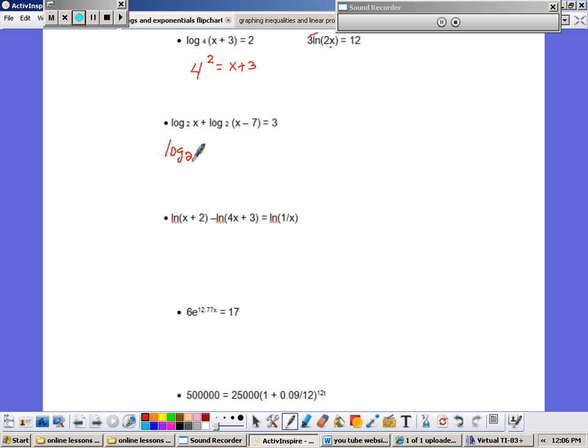The log base 2 of x times x minus 7 equals 3. So 2 to the third equals x squared minus 7x. Natural log comes out. I have x plus 2 over 4x plus 3 equals 1 over x.